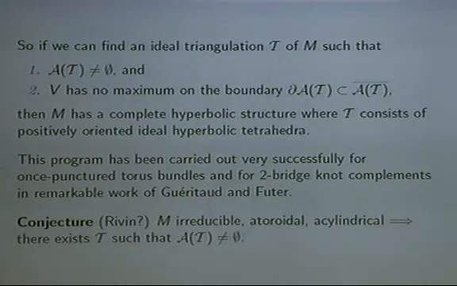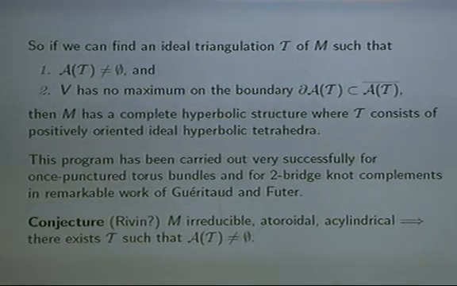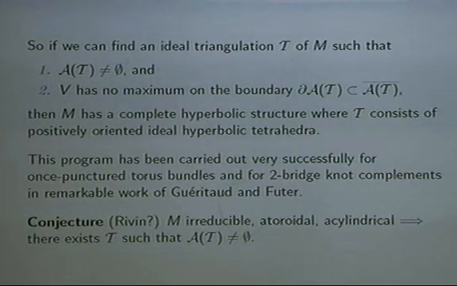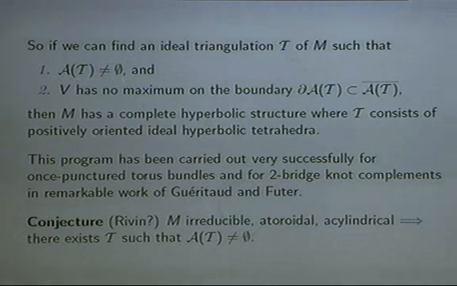So now if we're given an ideal triangulation, the problem of finding this hyperbolic structure is broken down into two parts. If we can find a triangulation so that the set of angle structures is non-empty, that will give us some region to work with. And then we try and do this volume maximization.